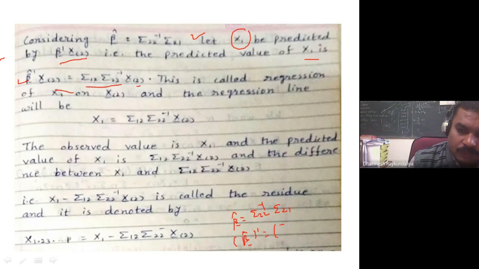It is nothing but transpose of this quantity, and we know that AB transpose is equal to B transpose A. So it is sigma 1 2 sigma 2 1 transpose, and sigma 2 2 is symmetric. So its inverse is also symmetric. So it is nothing but sigma 1 2, and ये क्या है sigma 2 2 inverse. So that is what here I have written.